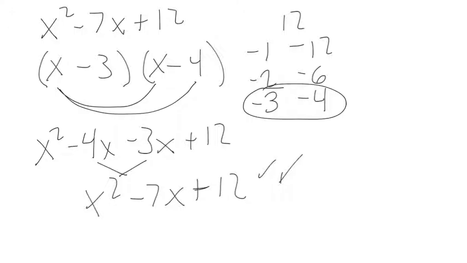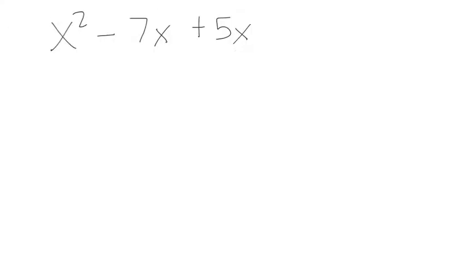What about if you don't have a constant? Okay, so the question was, what if you had one that did not have a constant on the end? Well, in this case, this one's got two x terms and an x squared, which you would simplify first by combining the two like terms. So this would become x squared minus 2x.